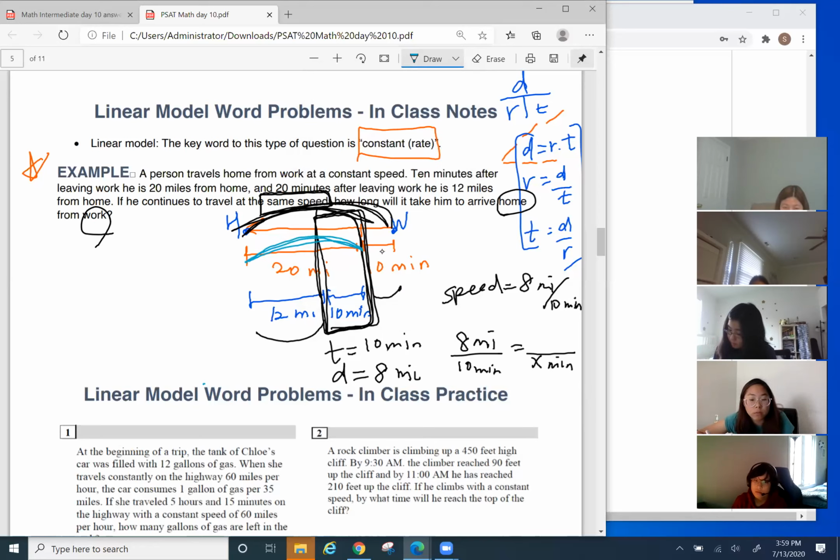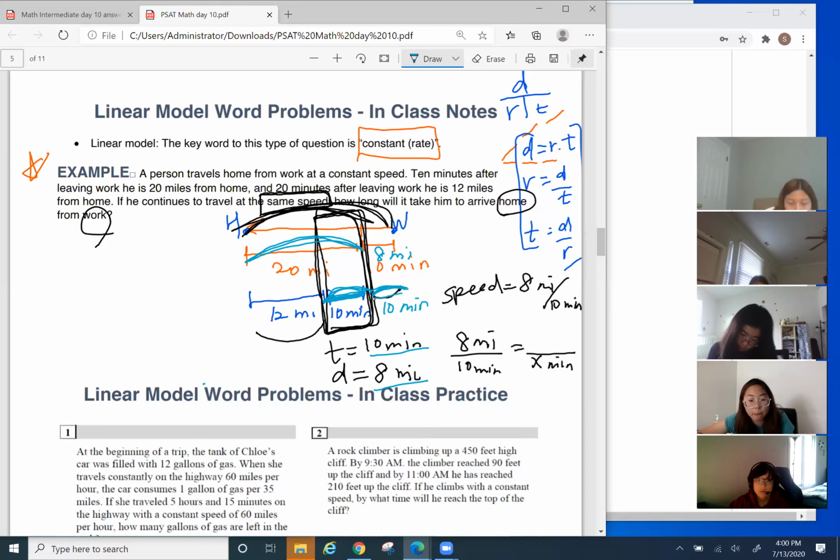After you went for 10 minutes, we figured out that the distance you travel in 10 minutes is 8 miles, right? So this was 10 minutes. So this is another 10 minutes. Then you should have traveled 8 miles now. If you go 10 minutes, then you travel the same distance as this 10 minutes, and this was 8 that we found out, right?